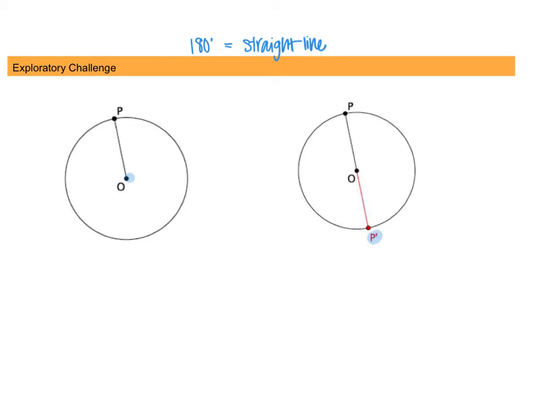Okay? Another thing we know here is that it does rotate around center O. Okay, we can see that. So that's the second thing we know. And then the third thing we need to figure out is is it going clockwise or counterclockwise? Well, if we look at this, it honestly doesn't matter.